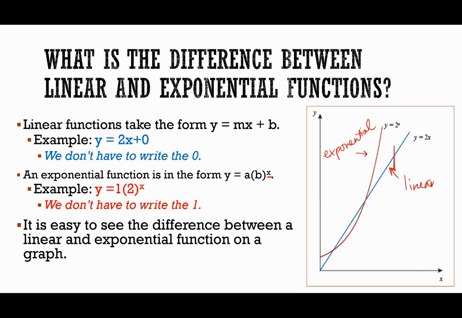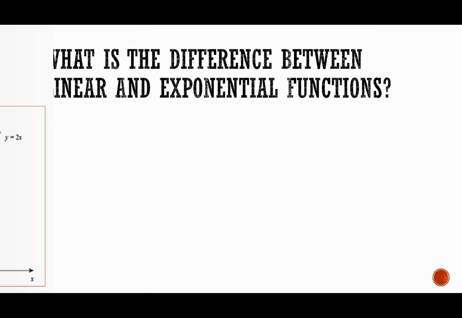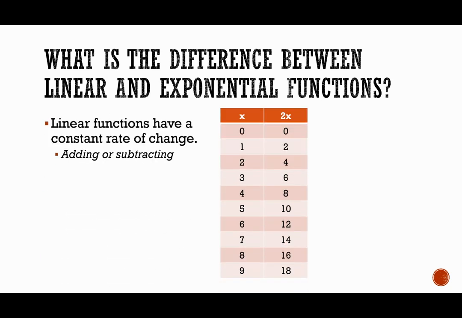Okay, and you'll notice that the rate of change for a linear function remains constant, whereas my rate of change is gradually getting faster and faster and faster for an exponential function. All right, so let's take a look at some more details as to the differences between linear and exponential functions.